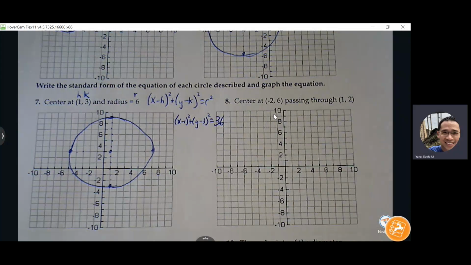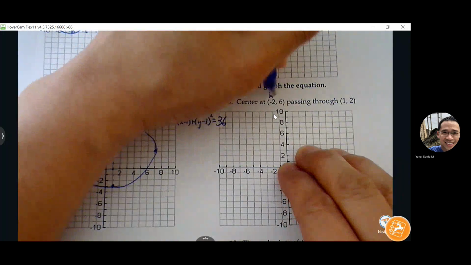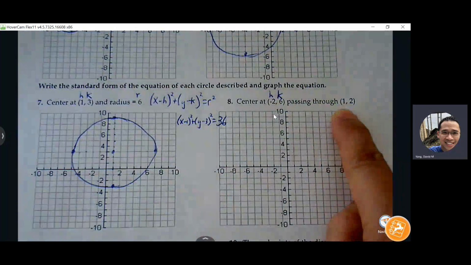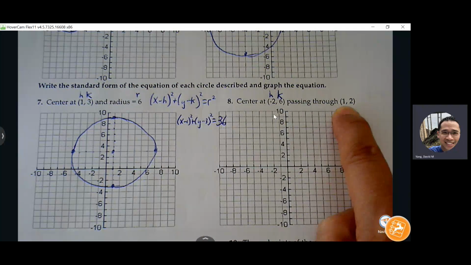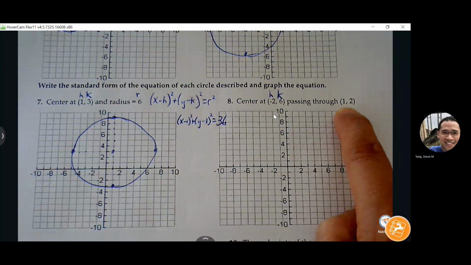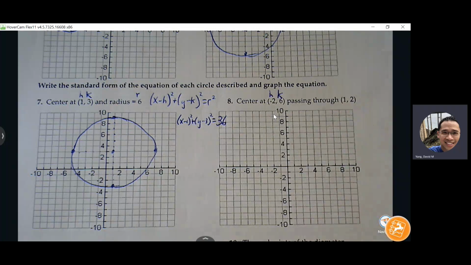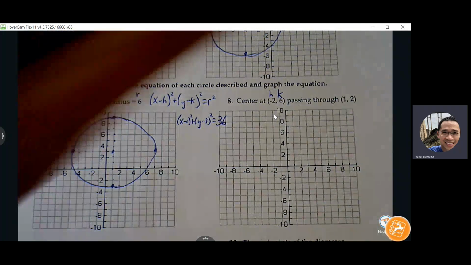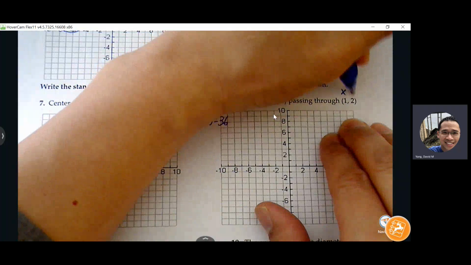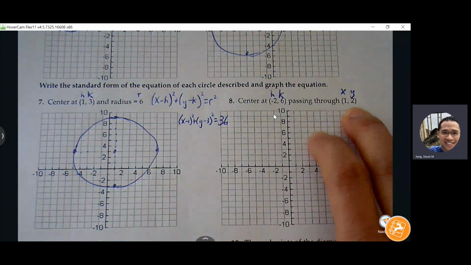Okay, now number 8 is a little bit different because you have a center, which is (h, k). But it passes through a point. And what does that point, you think, represent? It's just some random point on the circle, but it does constitute a specific version of an (x, y).